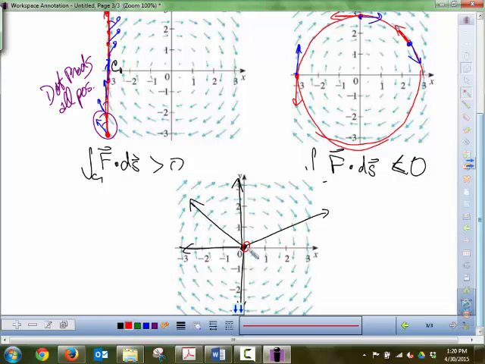So if I pick this particular line right here, all these direction vectors, or these tangent vectors, the r prime of t's, are all going to be going in the same direction, and your vector fields are all going to be perpendicular.